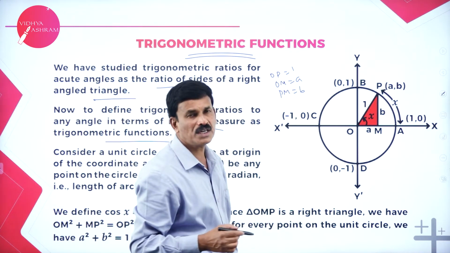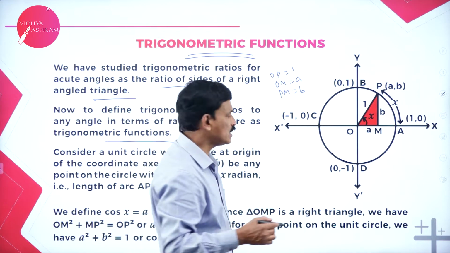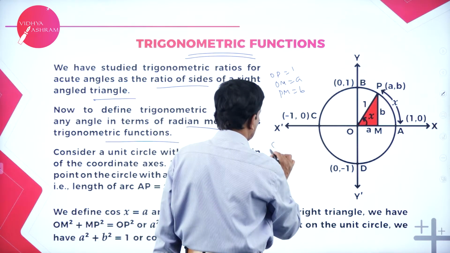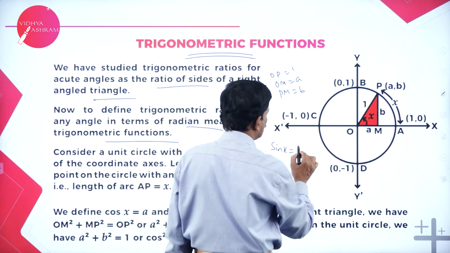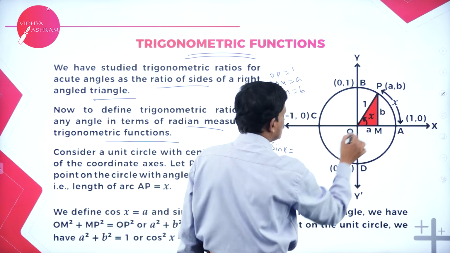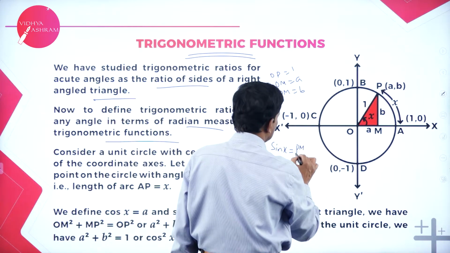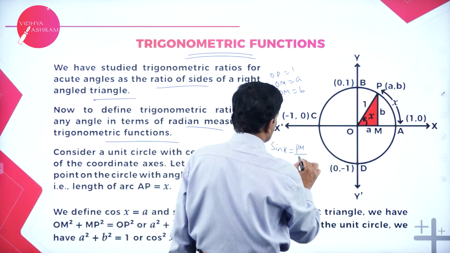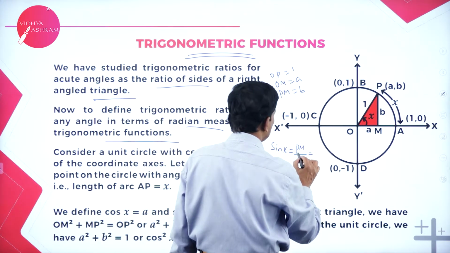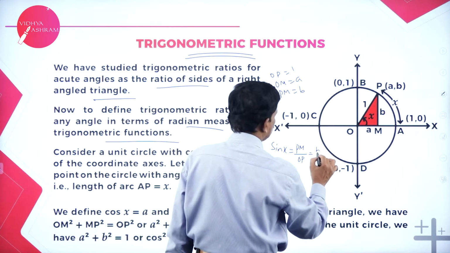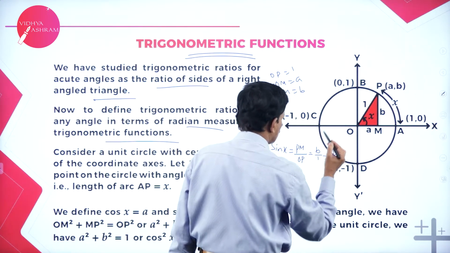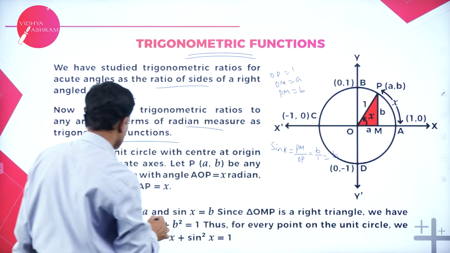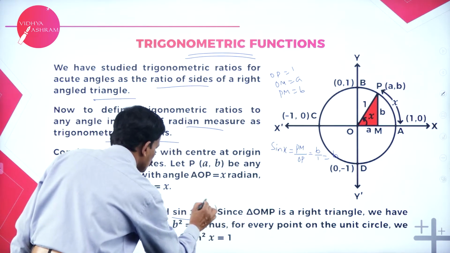Now you can define, as I told, sine of angle theta. Suppose I define sin x is equal to, what is sin x? Sin x is equal to opposite, opposite is PM, divided by hypotenuse, which is OP. So what is PM here? PM is equal to b and OP is equal to 1. This is equal to small b. Sin x is equal to b, you will get.